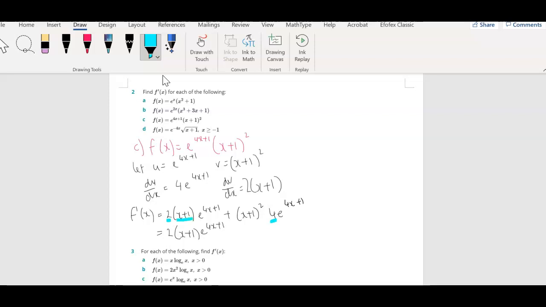We've got x plus 1 here and x plus 1 here. And then base e to the power of 4x plus 1 on both sides as well. So we're going to take that out as a common factor. And then we're left with 1 plus 2(x plus 1). All right, and I probably should tidy that up a little bit.